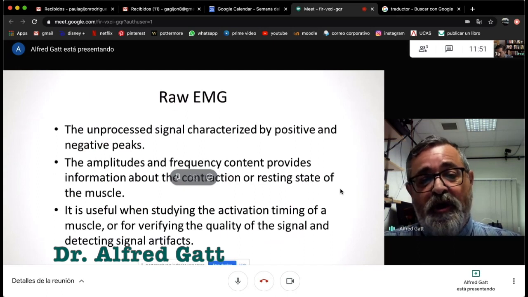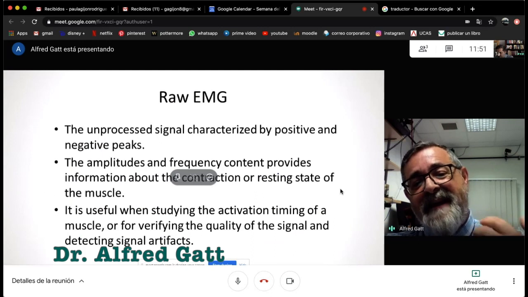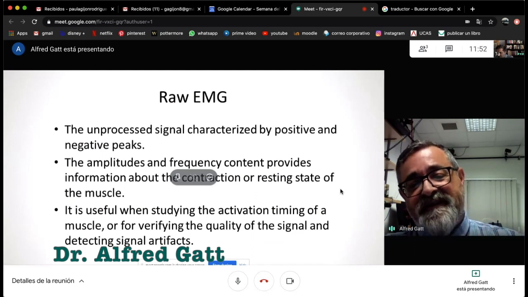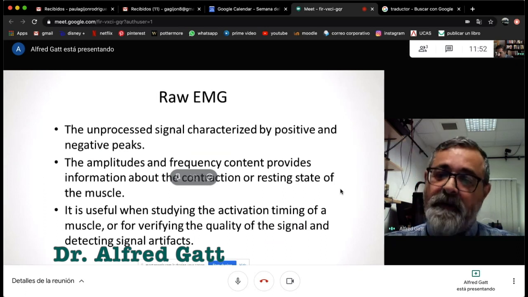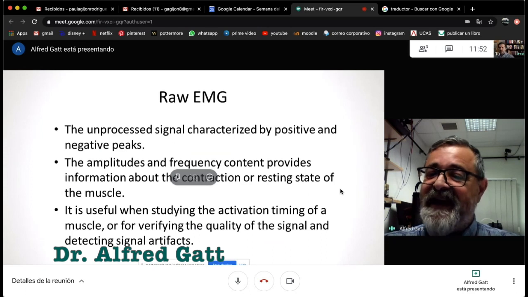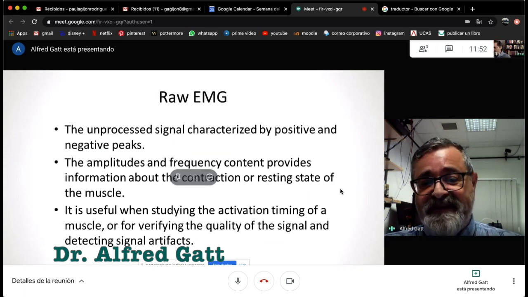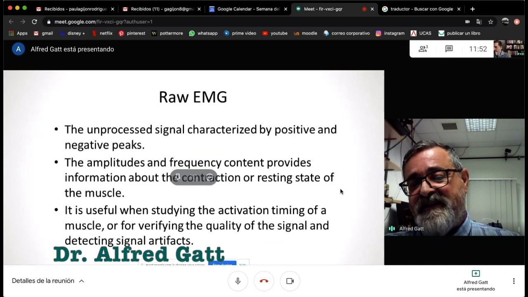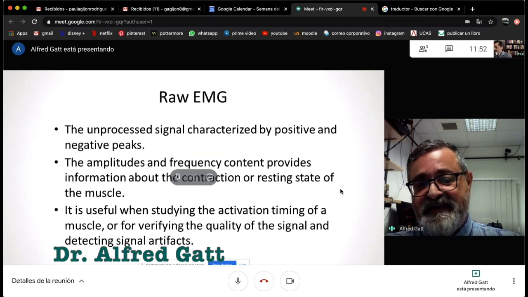So this is the raw EMG signal, which will show us the amplitude and the frequency content of our EMG signal, which is useful when studying the activation timing of a muscle, or for verifying the quality of the signal and detecting signal artifacts.